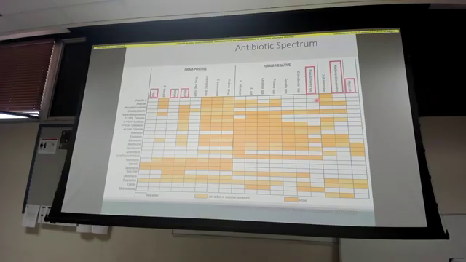And then looking at your pseudomonal coverage, there will also be some summary charts that I give you that will say, hey, these are all the drugs that cover MRSA. These are all the drugs that cover Pseudomonas. I just didn't do them for every single one. But you want to know what's going to cover Pseudomonas. Your anaerobes are kind of tricky sometimes, so I wanted you to remember some of the things that we have to cover anaerobes, and then your atypicals as well, because again, they're atypicals, and it's harder for us to treat them.